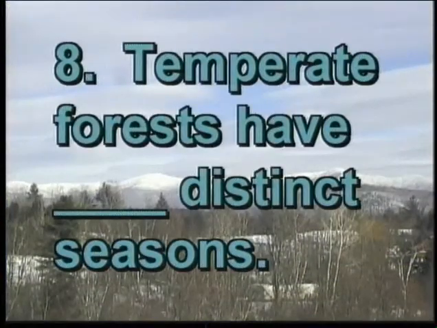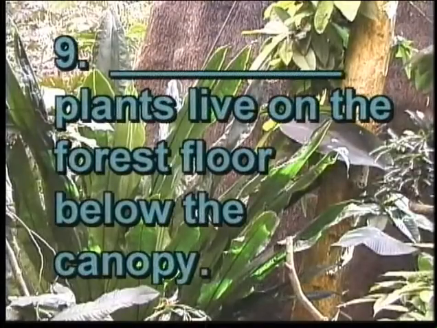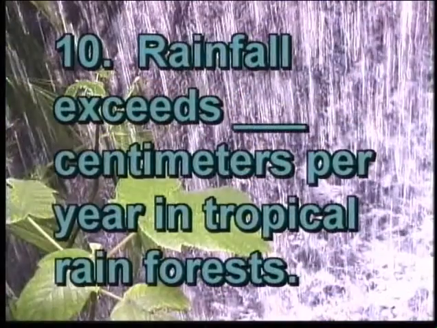Number 8. Temperate forests have distinct seasons. Number 9. Plants live on the forest floor below the canopy. And number 10. Rainfall exceeds centimeters per year in tropical rainforests.